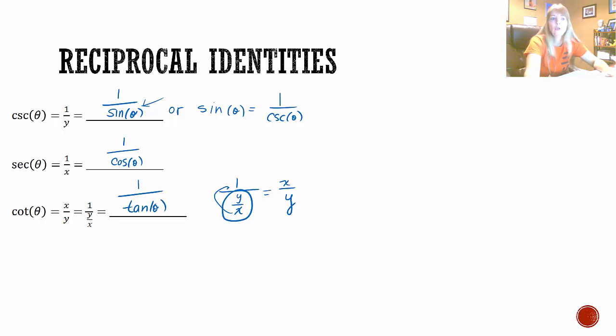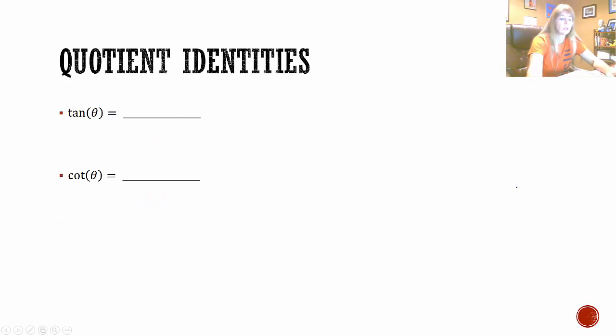So these are very good identities to know. For right now, one of the main reasons is if you're asked to find these values in your calculator, those don't show up as calculator buttons, so you need to know the identities to find them. The quotient identities are very, very nice.